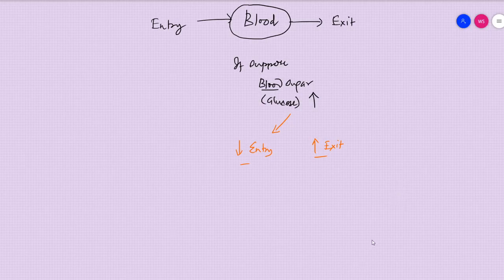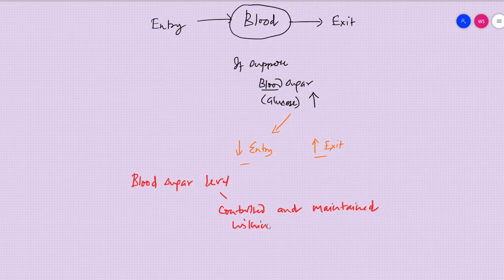So blood sugar level is controlled within a tight range. Blood sugar level is controlled and maintained within a range.